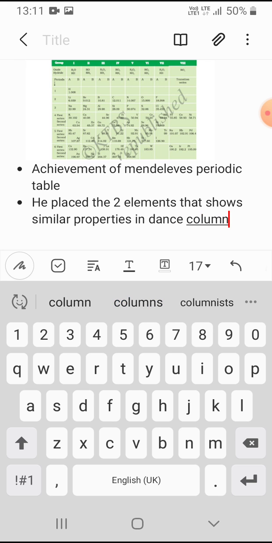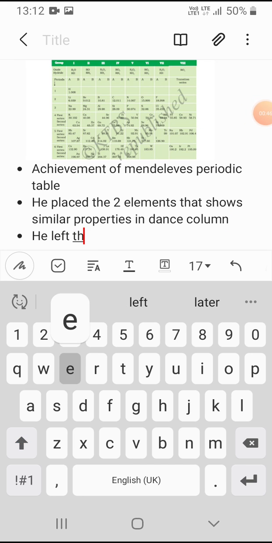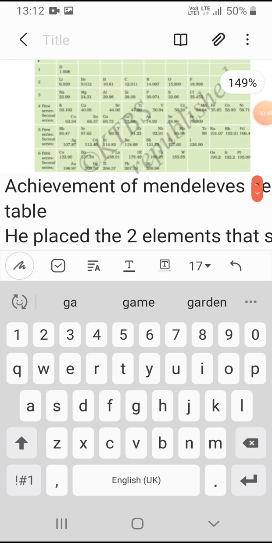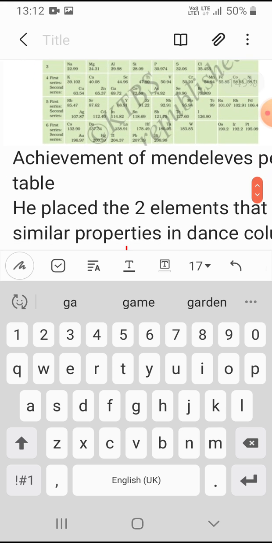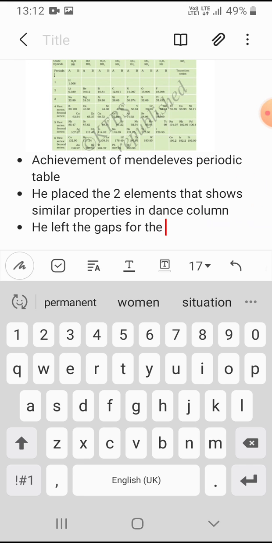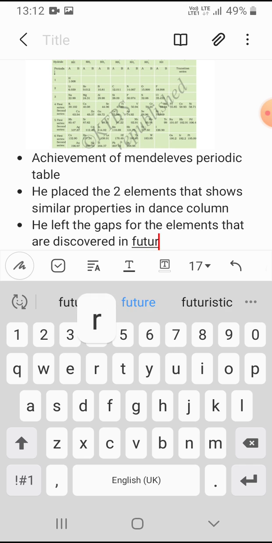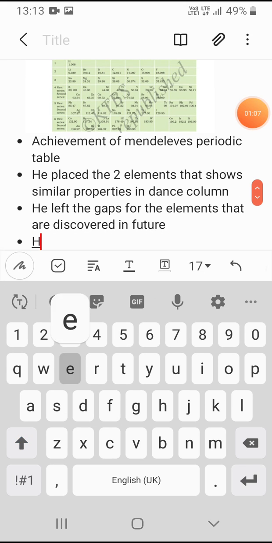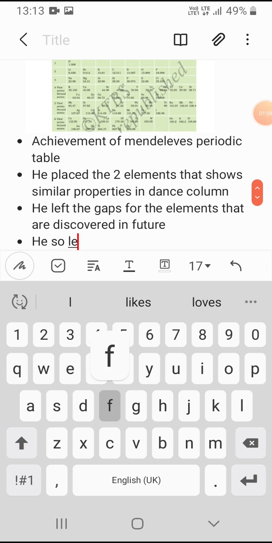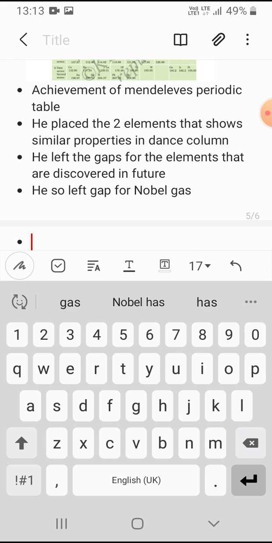He left gaps. Here in this periodic table you can see he left some gaps, for the elements that would be discovered in the future. He also left gaps for noble gases.